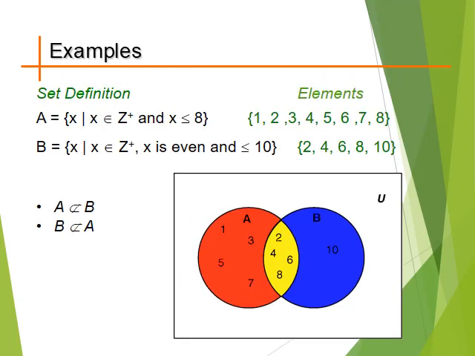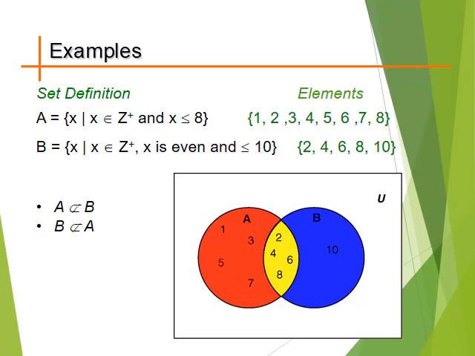Here we have the set A, that is all those x such that x belongs to Z+ and x is less than or equal to 8. So if we find the numbers in this set, as we know that all the elements are positive integers, we can start from 1, then 2, 3, 4, 5, 6, 7 and 8.